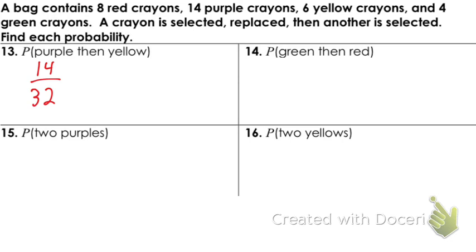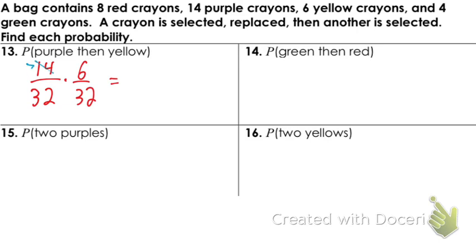Now, let's say I grab the purple one, I put it back. What are the odds my next one's yellow? 6 out of 32, and I multiply those together. Now, once again, I'm going to recommend cross-reducing before we go any further. And you can reduce inside of the own fraction as well. 14 and 32. Is anything going to both 14 and 32? 2.